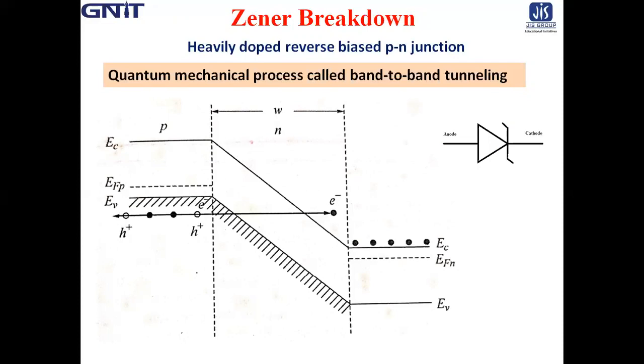The fundamental condition is that a large number of bound electrons are available which occupy the energy states of the p-type valence band, separated from a large number of empty states of n-type conduction band by a narrow potential barrier of height equal to band gap energy.